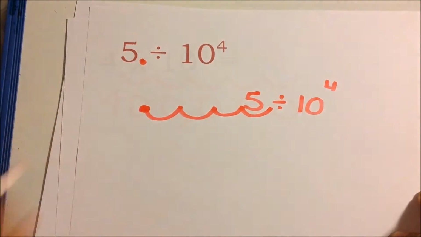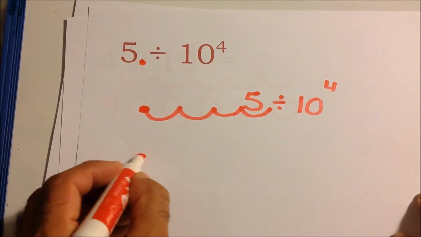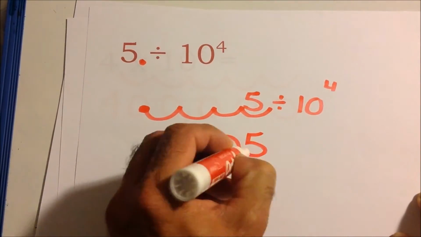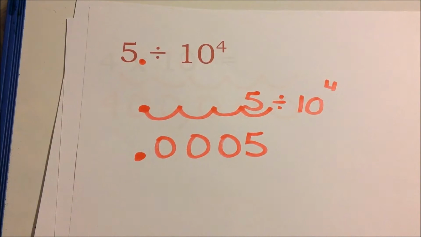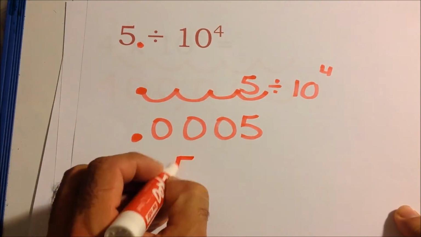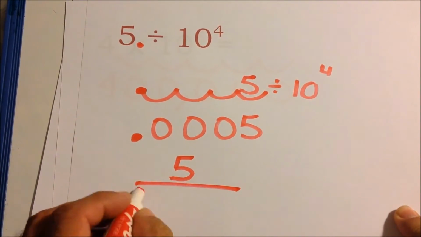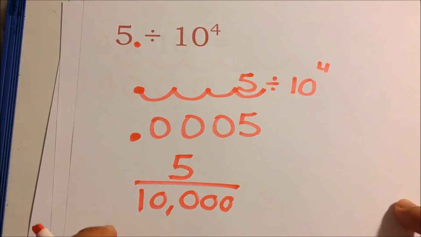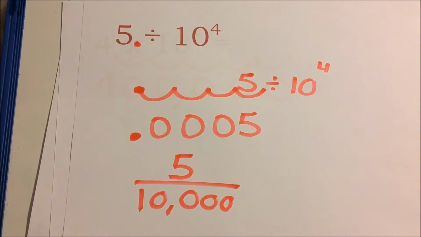Don't forget to put that decimal at the end there. Fill in those waves. And there we go: 0.0005. If we can read this, and we should read it by now, it's 5 over 10,000. It's 5 ten-thousandths.